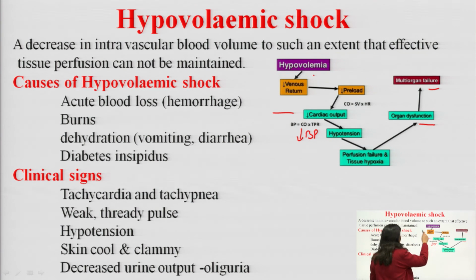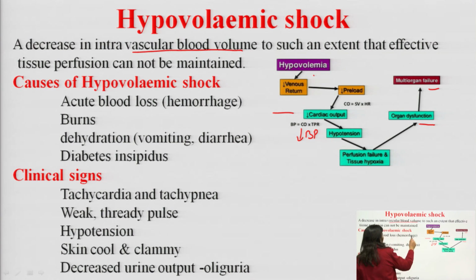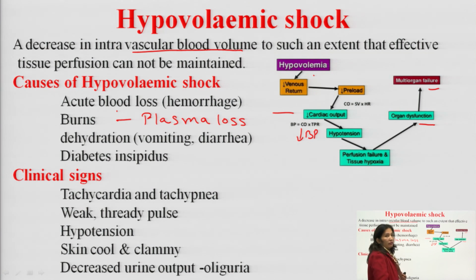Now, in hypovolemia there is decreased blood volume. There are different causes of hypovolemic shock. It can be because of acute blood loss or acute plasma loss. Blood loss can be because of hemorrhage, like in accidents.